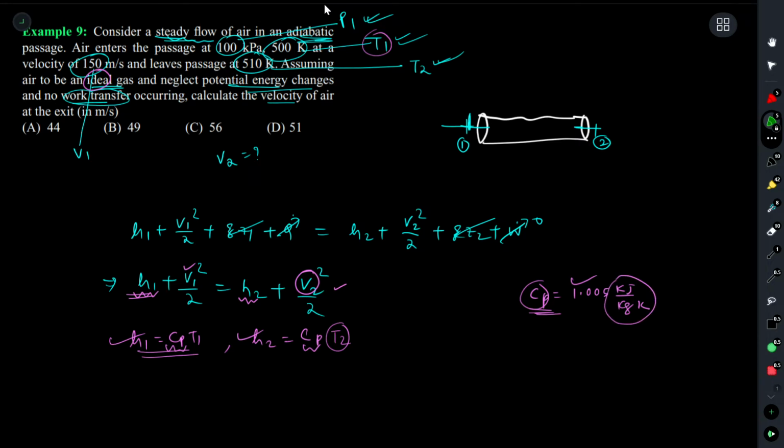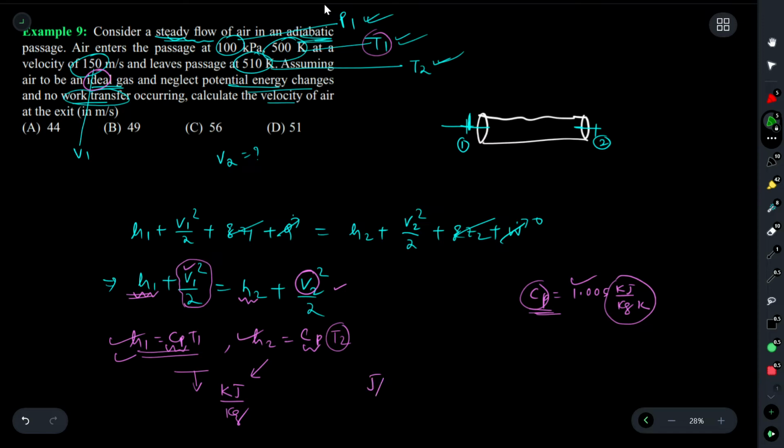So if we calculate the value of H1, then whatever value I will be getting over here will be in terms of kilojoule per kg, isn't it? Similarly, H2 will also be in terms of kilojoule per kg. But the kinetic energy term will be only in terms of joule per kg, right? Because here there is no term which is related to kilo.